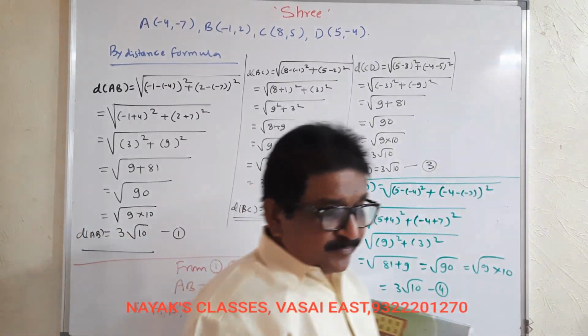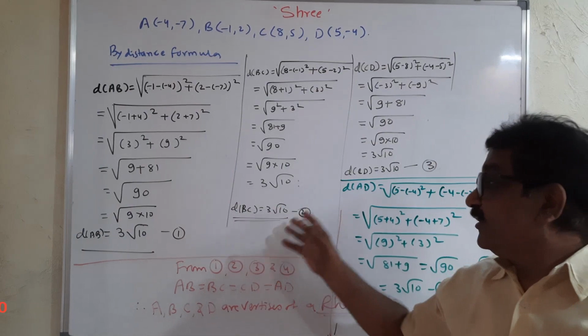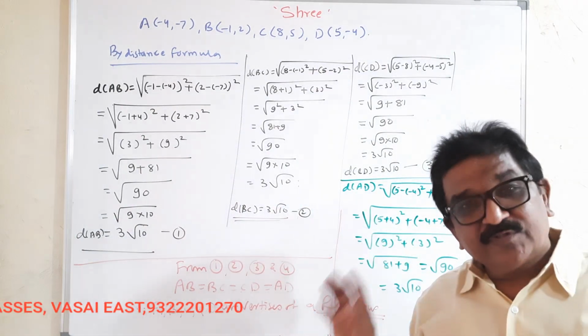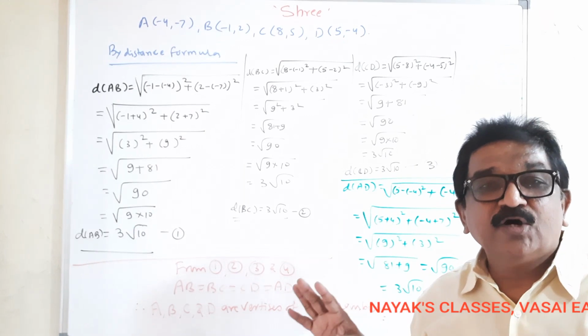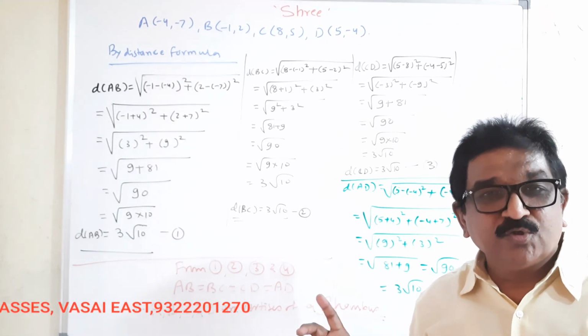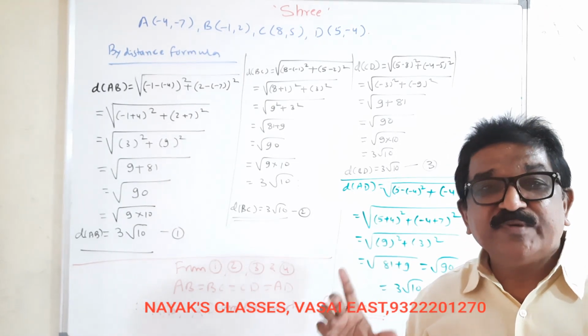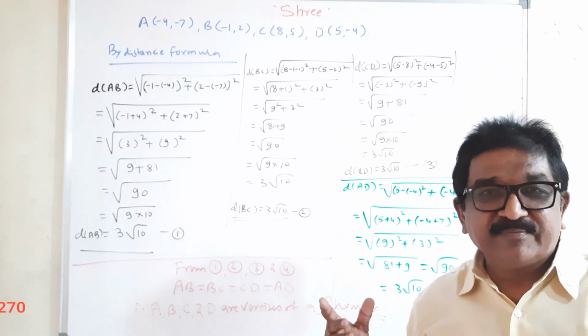That finishes the example. Very simple. Calculate, calculate, calculate and calculate. If 4 sides are equal, either it is a square or rhombus. But for square, you have to show the distances between the diagonals are same. So it will come afterward.